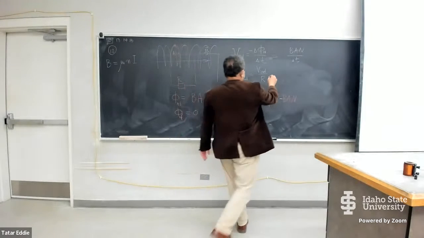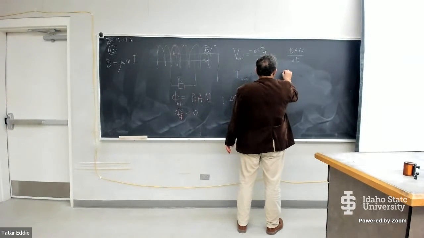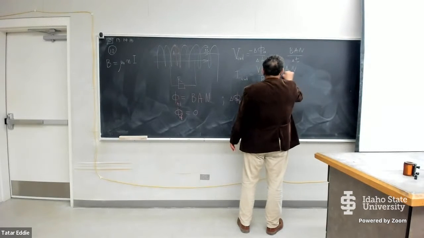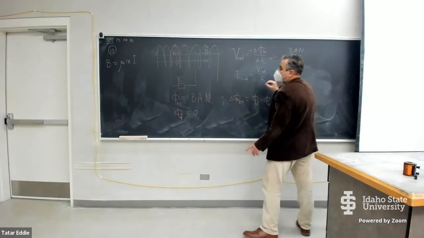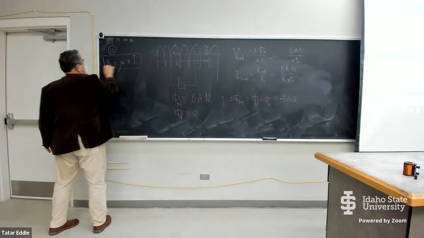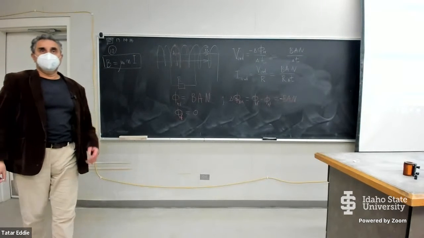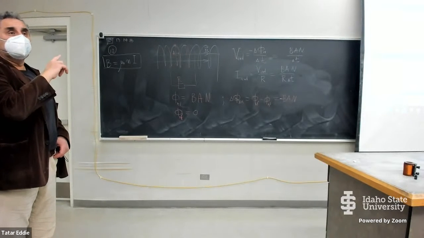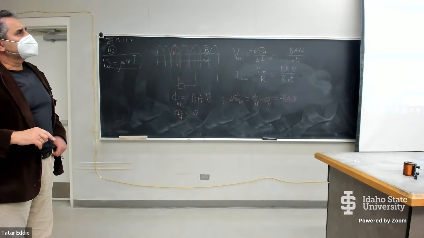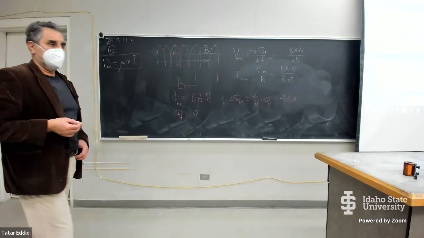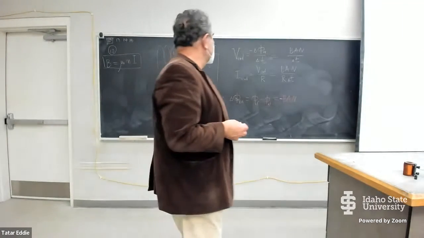In other words, the answer looks like BAN divided by R and divided by the time, where B is this. Capital N is 10. And, well, you just have to calculate the resulting induced current.